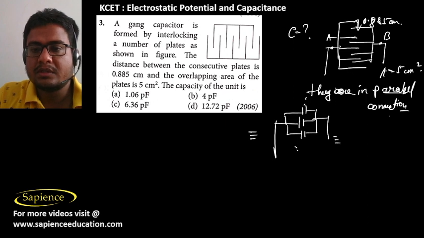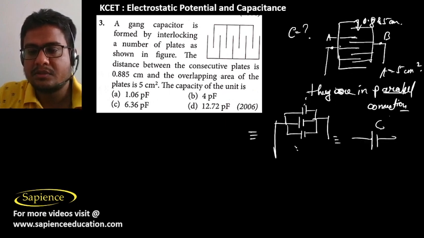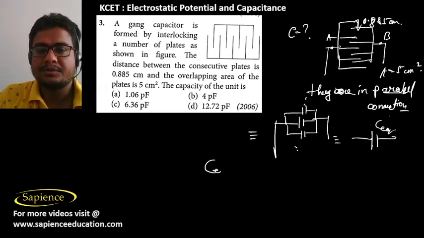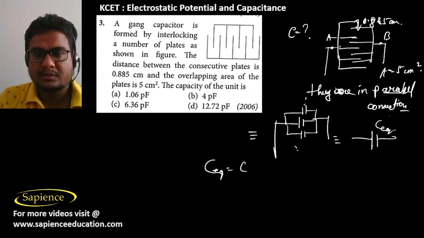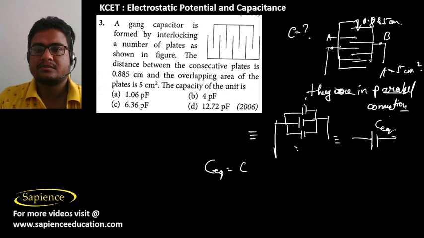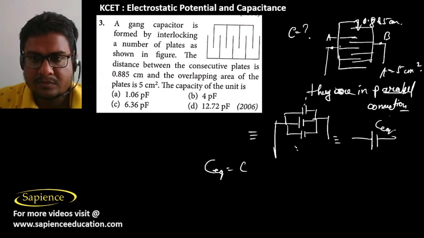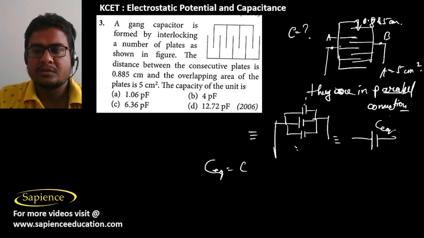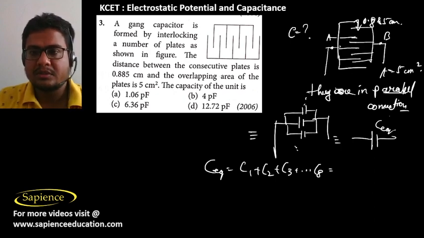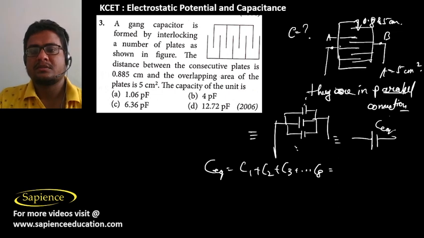For the equivalent capacitor, C equivalent equals C1 plus C2 plus C3 up to C8.